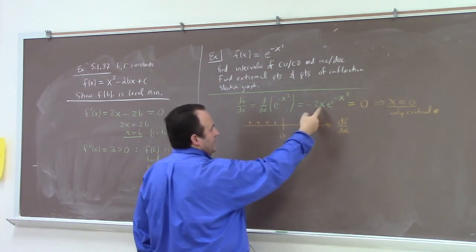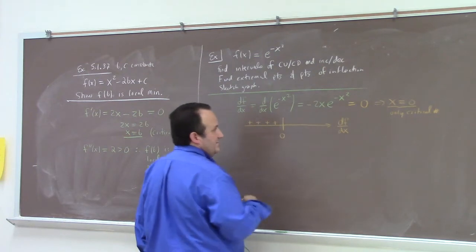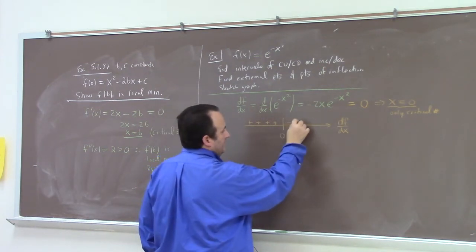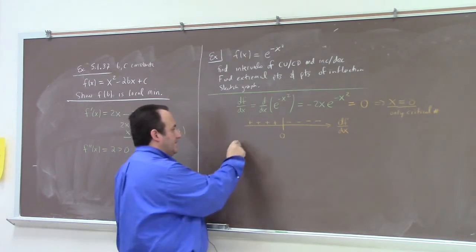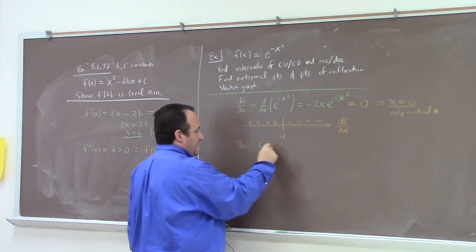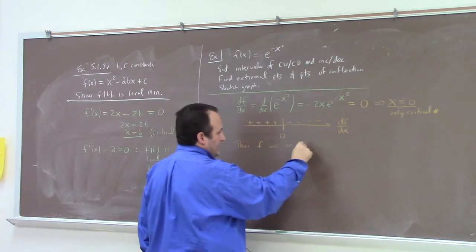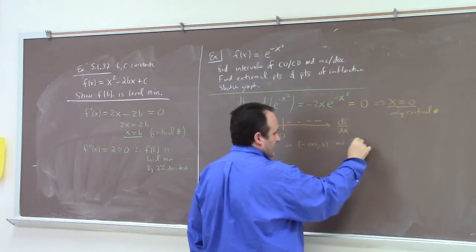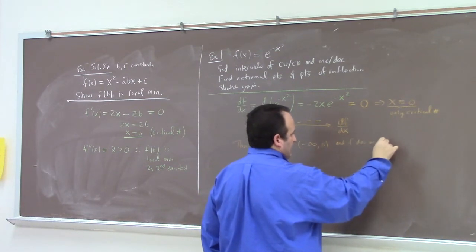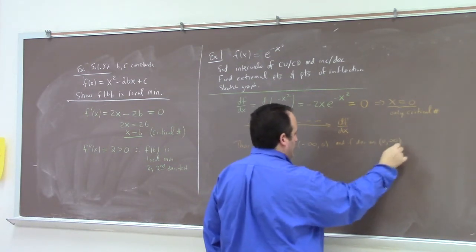And if you plug in x equals 1, you get minus 2 e to the minus 1, so that's negative. So thus, f is increasing on minus infinity to 0, and f is decreasing on 0 to infinity. All right?